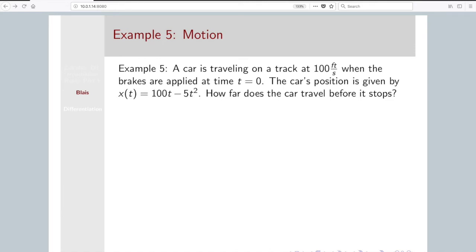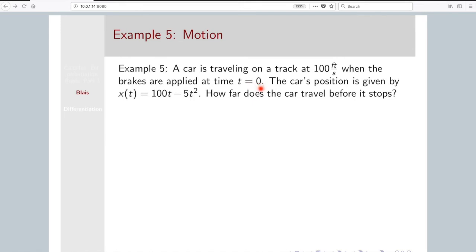Now let's start to talk a bit about motion. So now we're going to start to use some of our differentiation rules in these rate of change questions. As an example, suppose we have a car driving on a track at a speed of 100 feet per second when the brakes are applied at time 0.